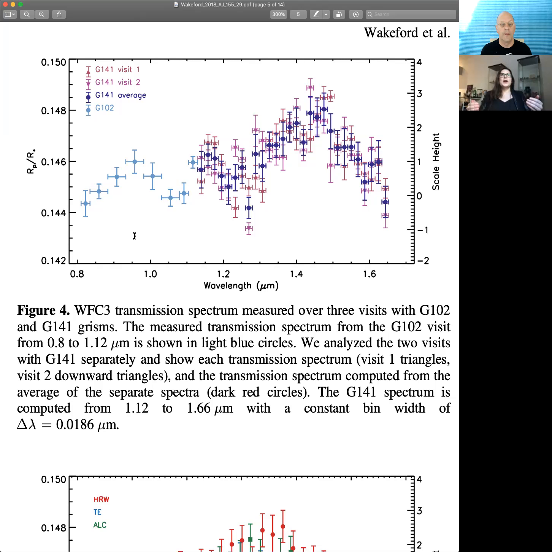Now, when we look at a transmission spectrum, it's kind of flipped from what you would normally expect from an absorption signature. So if you're used to looking at absorption signatures from gases or things in labs or spectra of stars, you normally see it as a dip. Right. Now, because we're observing it in the planet's reference frame, as the planet passes in front of the star, if the atmosphere is absorbing the light, it appears bigger, so it blocks out more light. So that's what you're seeing here.